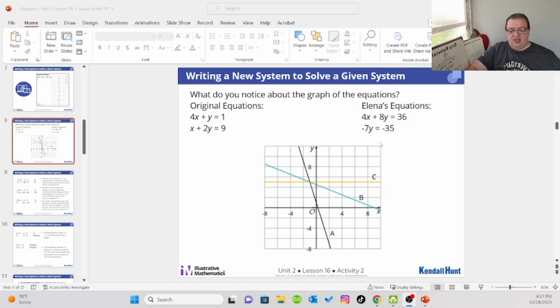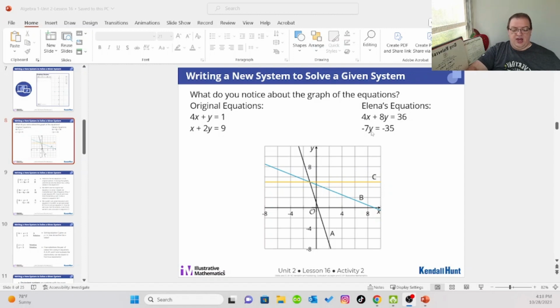And this is because we graph our first line, our second line is then multiplied by 4, so the bottom equation on the originals and the top equation on Elena's are the exact same line.